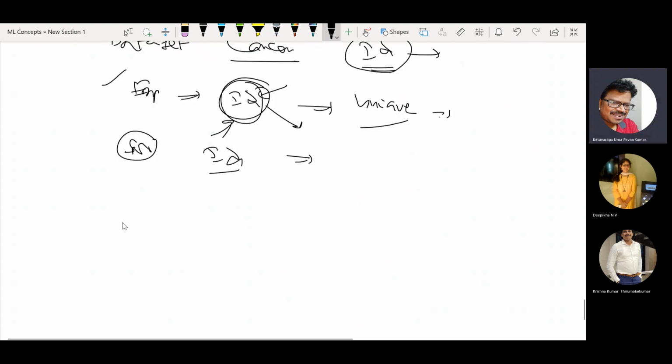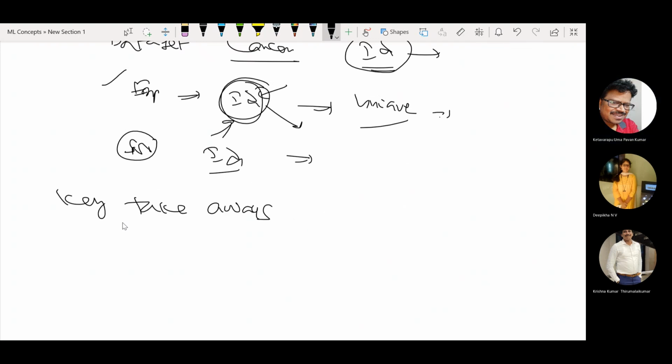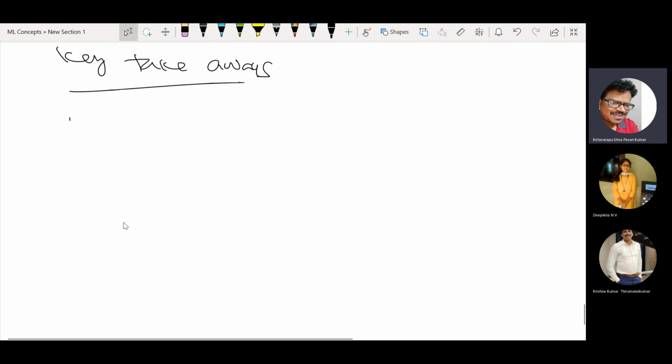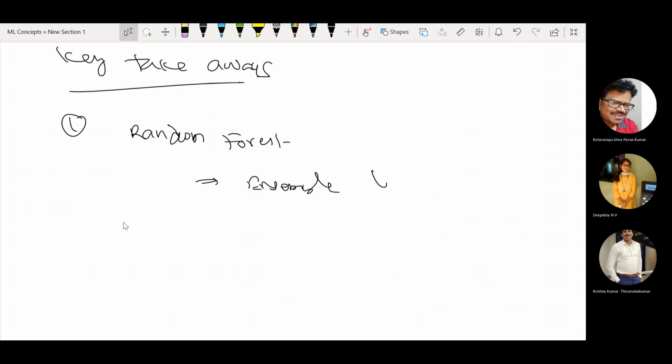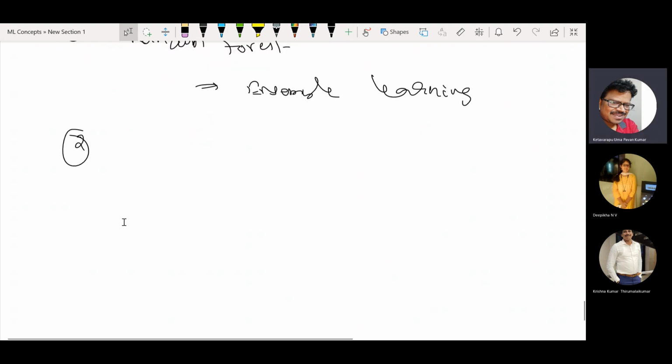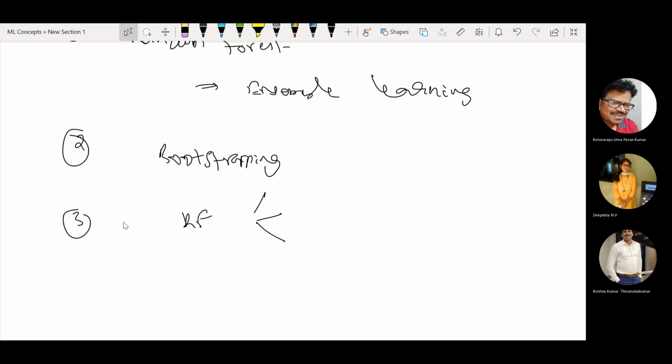Okay, so the key takeaways from the session before winding up. We started with the understanding of random forest, and this random forest is ensemble learning. The basis behind this is bootstrapping, and most importantly, your random forest is a combination of multiple decision trees.